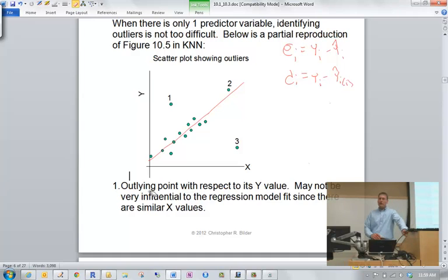How about for observation 2? Will there be much of a difference? No, there won't be. Then with observation 3, our model is going to look maybe something like this now. Will there be much of a difference between the residual and the deleted residual? Yes, there will be.